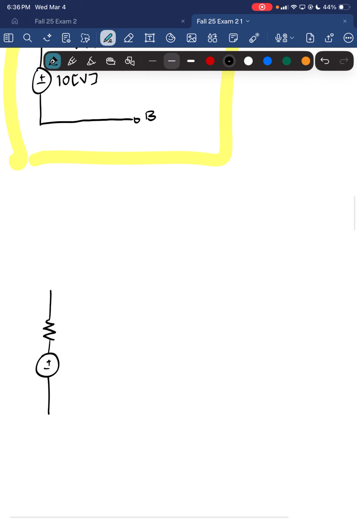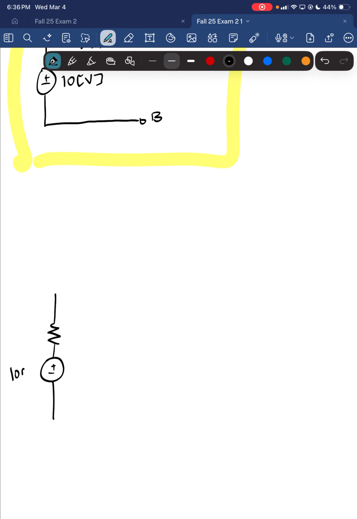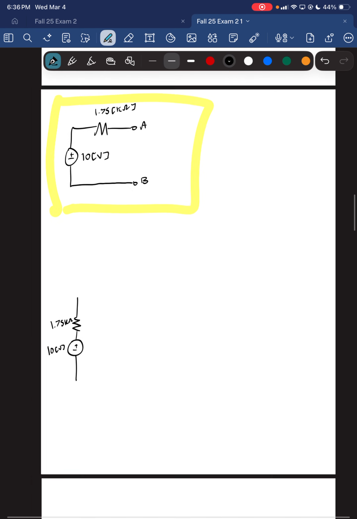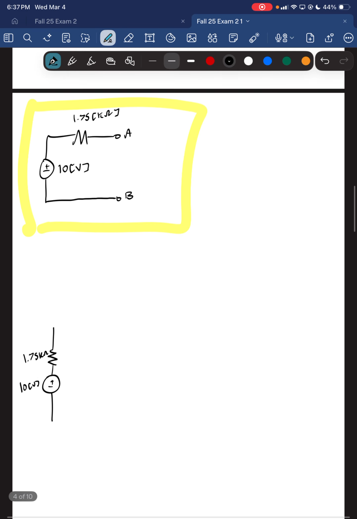So that's why I drew the battery given that polarity. And we just insert our values for our device and then connect it to the rest of the circuit.